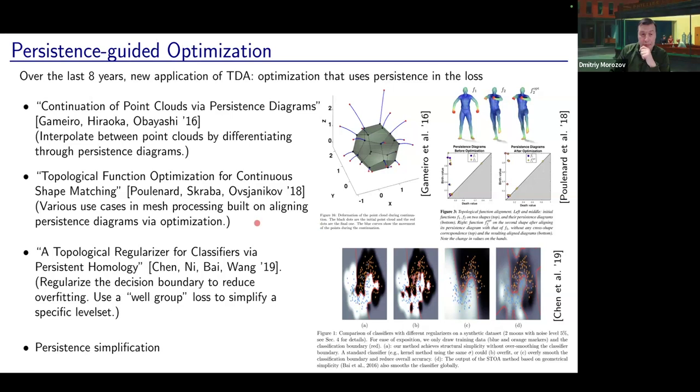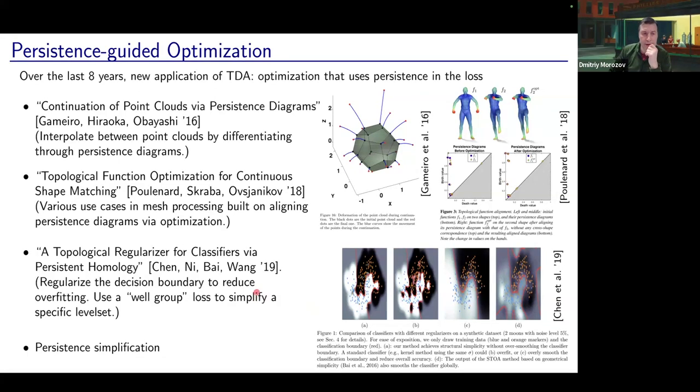Another early example came from the work in geometry processing by Poulenard, Skraba, and Ovsjanikov, where they take a collection of shapes and compute the persistence diagram of some function that makes sense on the shapes, which is sensitive to the extremities. So it's high at the hands and feet, and low on the body. Then if they have two shapes in two different poses, they can try to interpolate between them by interpolating between this persistence diagram.